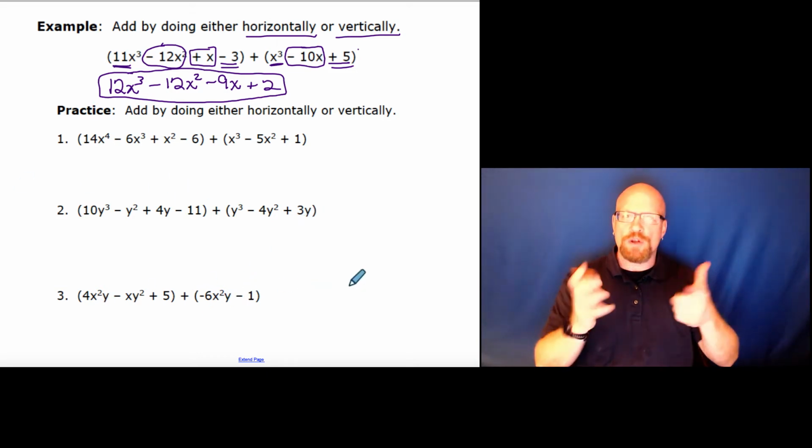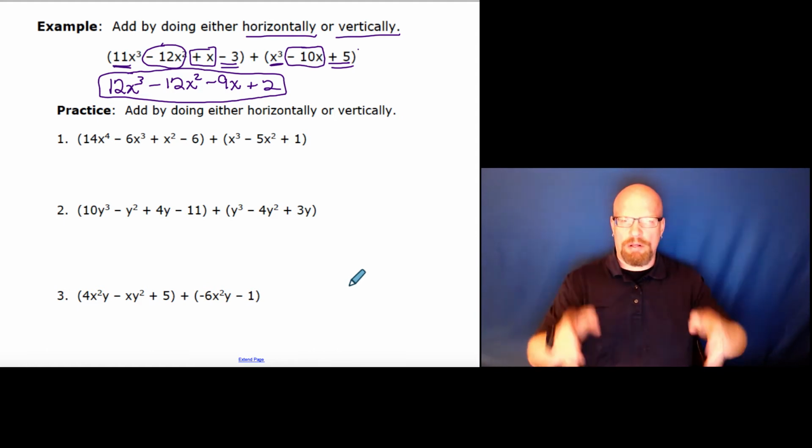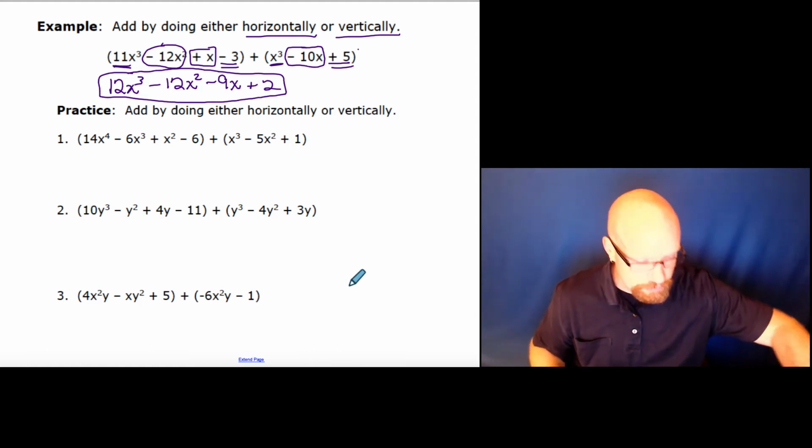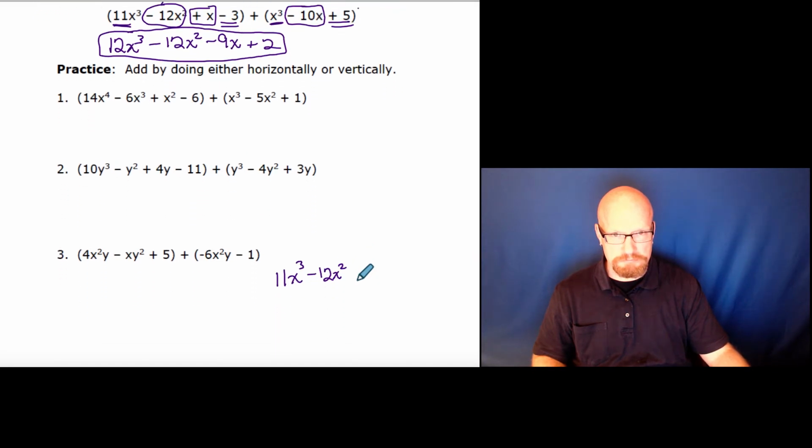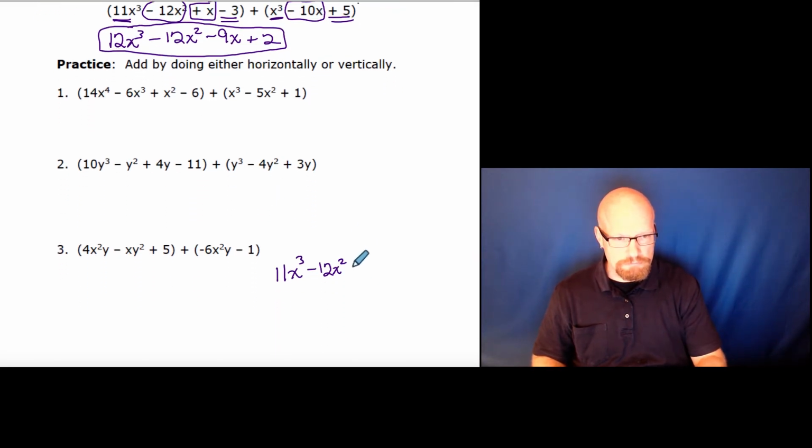Now, I want to show you what it means to add polynomials vertically. The other polynomial goes below, since we're adding them.